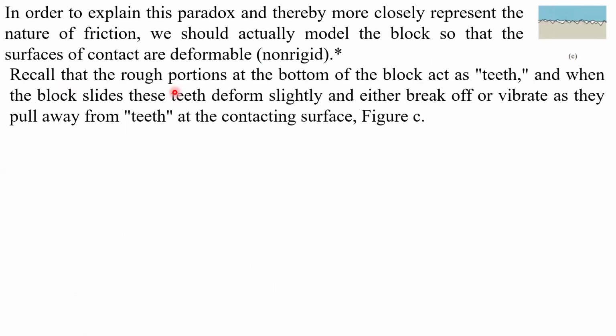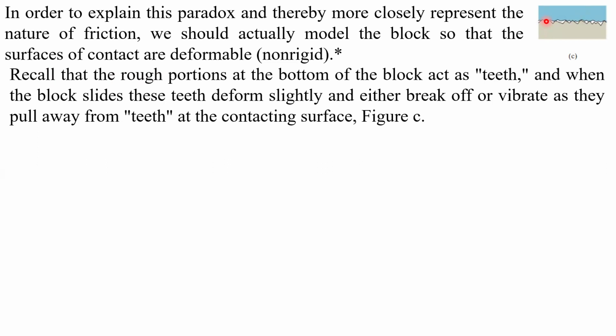So recall that the rough portions at the bottom of the block act as teeth, and when the block slides, these teeth deform slightly and either break off or vibrate as they pull away from teeth at the contacting surface as shown in figure C. Because when we put most surfaces under microscopic examination, we discover that they are actually rough surfaces, no matter how smooth we believe or assume they are. So we will see hills and valleys.